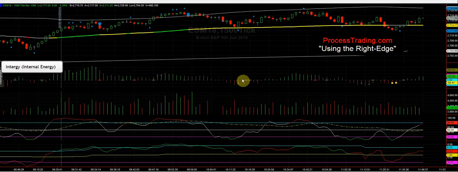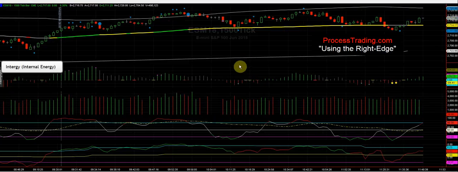So, at any rate, I just wanted to show you that with the volume bars and why the Intergy bar was a better proxy and will give you more effective trading and interpretations of when to enter and exit trades.